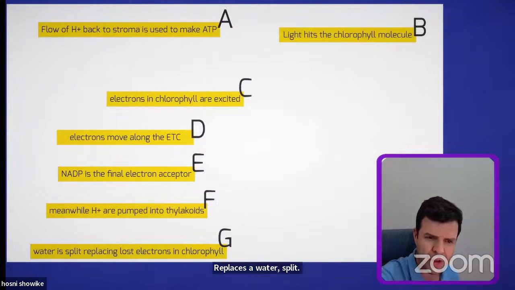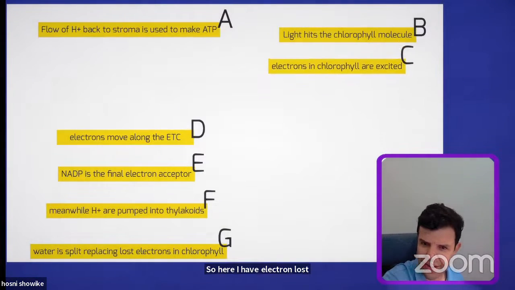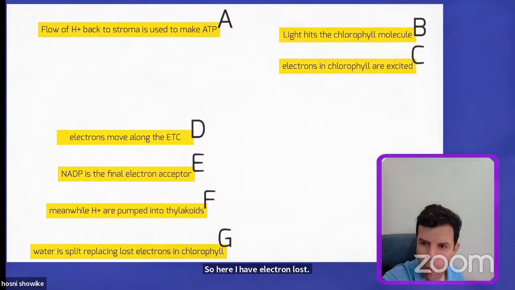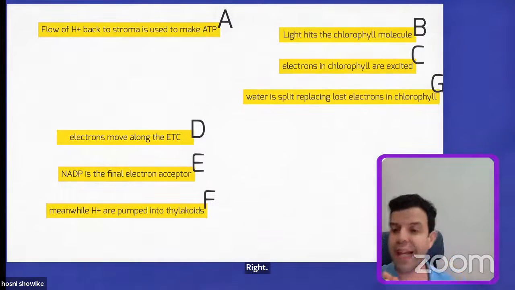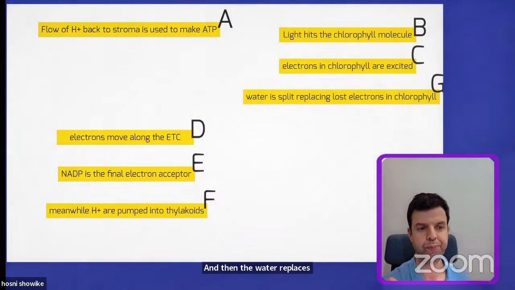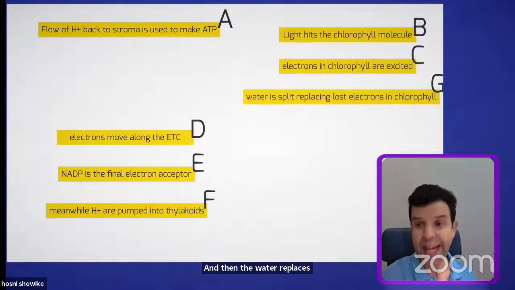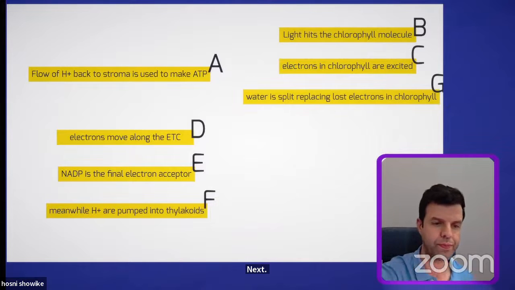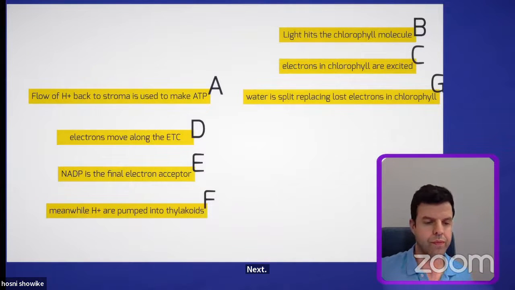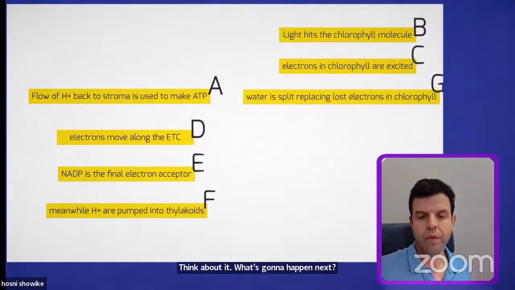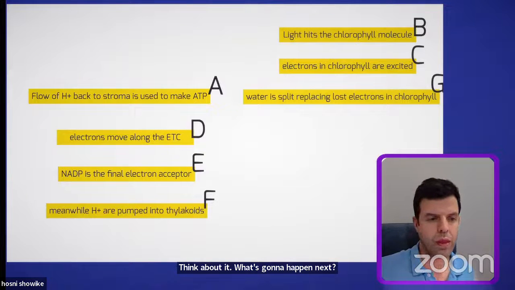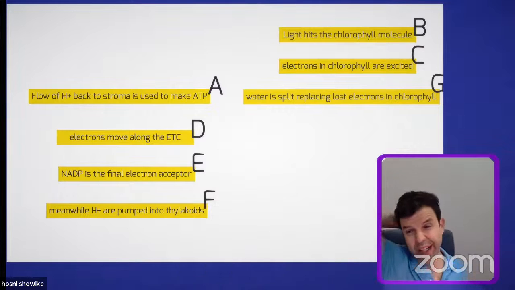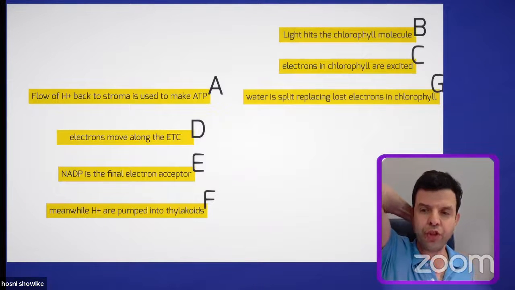So here I have electron lost, right? And then the water replaces the electrons been lost, right? Next, think about it. What's going to happen next? Now I have the electron running in the electron transport chain.